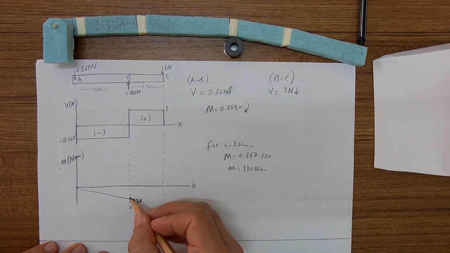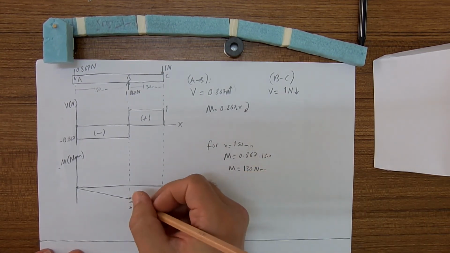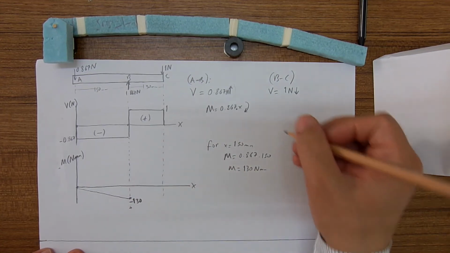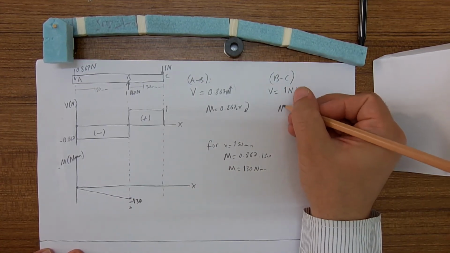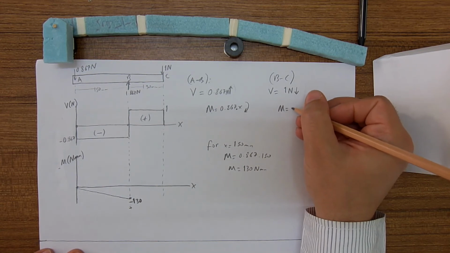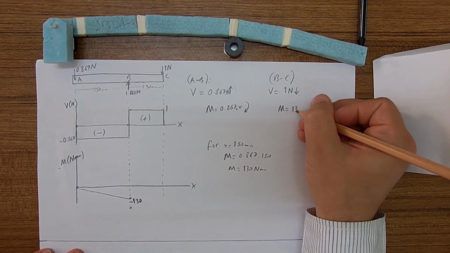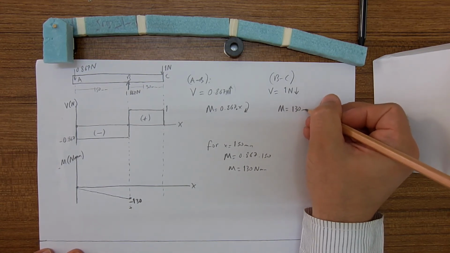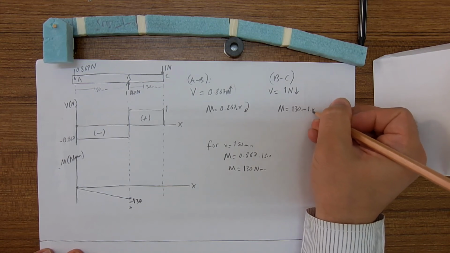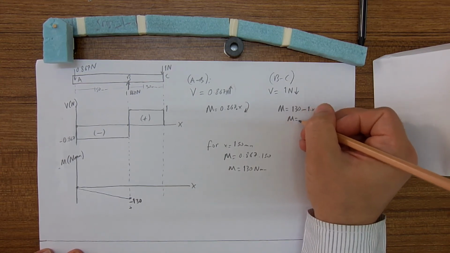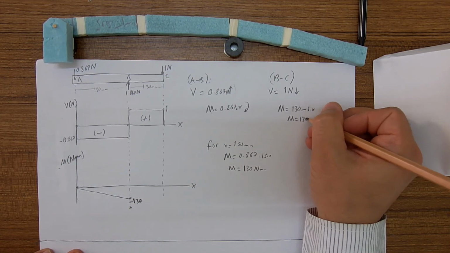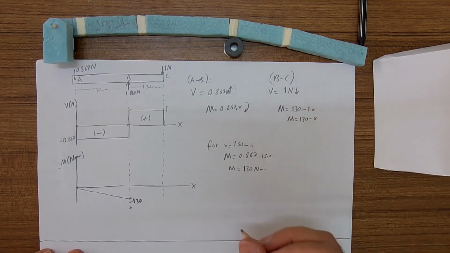And next, between B and C, the moment equation was 130 minus 1x, or simply M is equal to 130 minus x.